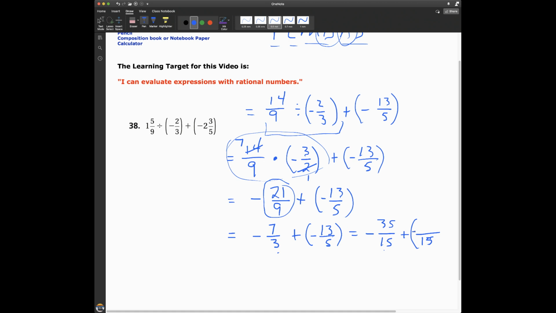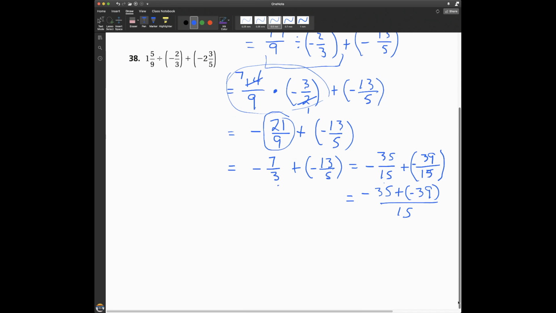And this is negative 13 times 3, which is 39. And I can go ahead and add my numerators together, and I have negative 35 plus negative 39 all over 15.